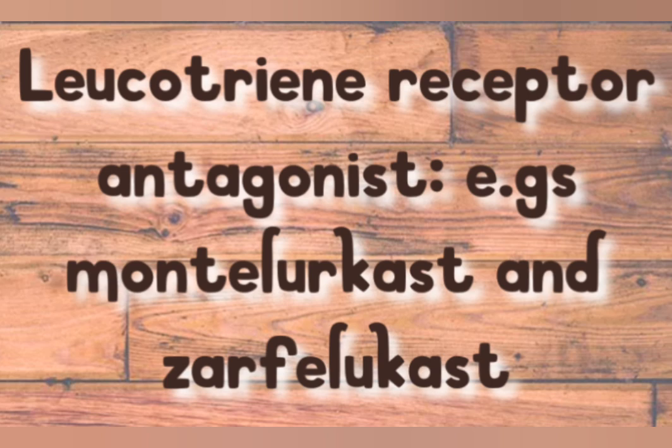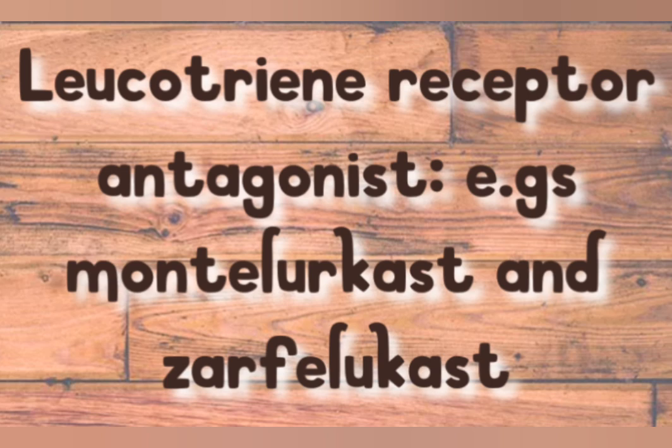These medications inhibit the action of leukotrienes at the leukotriene receptor. Remember, in the pathophysiology, we said leukotrienes and histamines are components produced by mast cells, which cause inflammation, bronchoconstriction, among others.